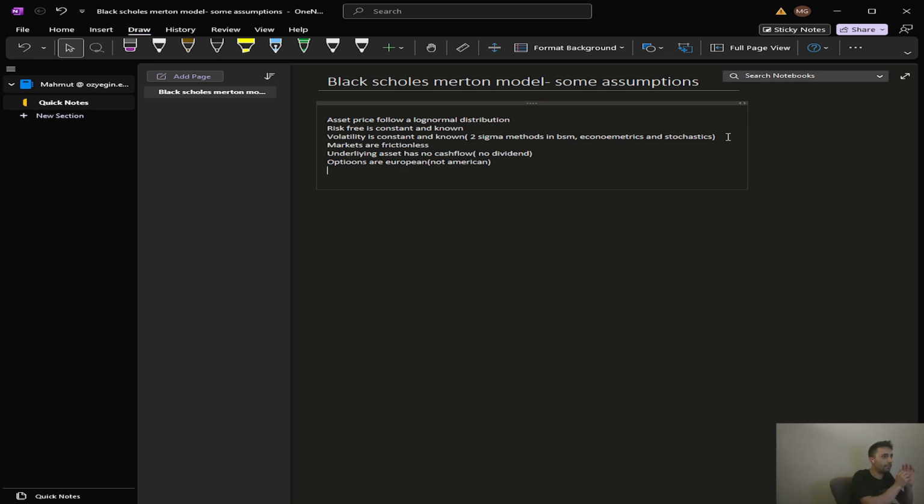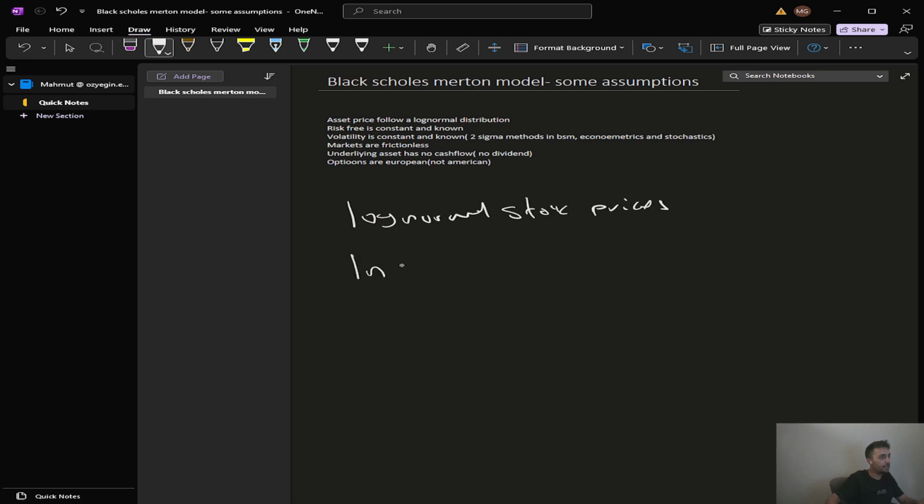Then another assumption is log normal stock prices. What does that mean? This is our log normal stock prices formula, with the drift term: mu, the mean in statistics, minus sigma squared over 2, where sigma is our volatility.